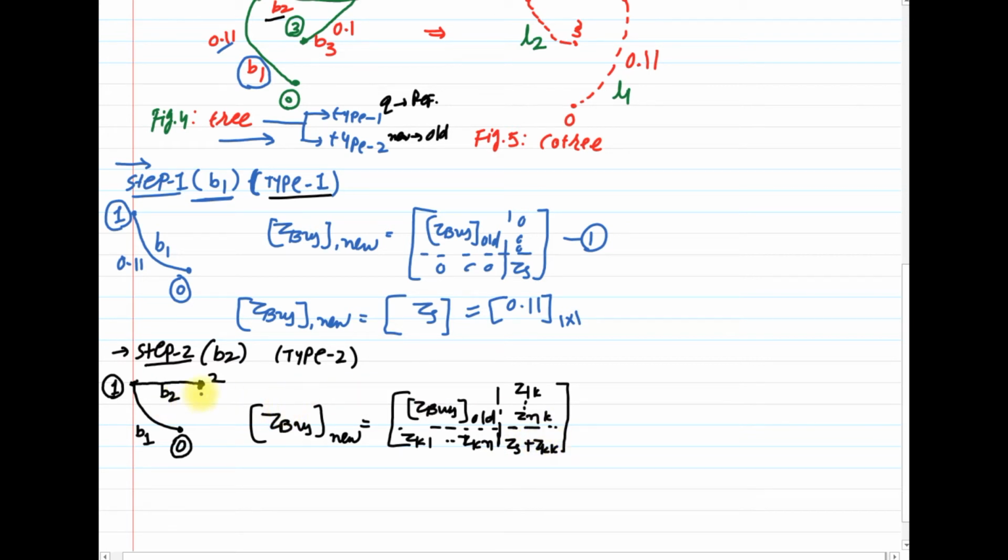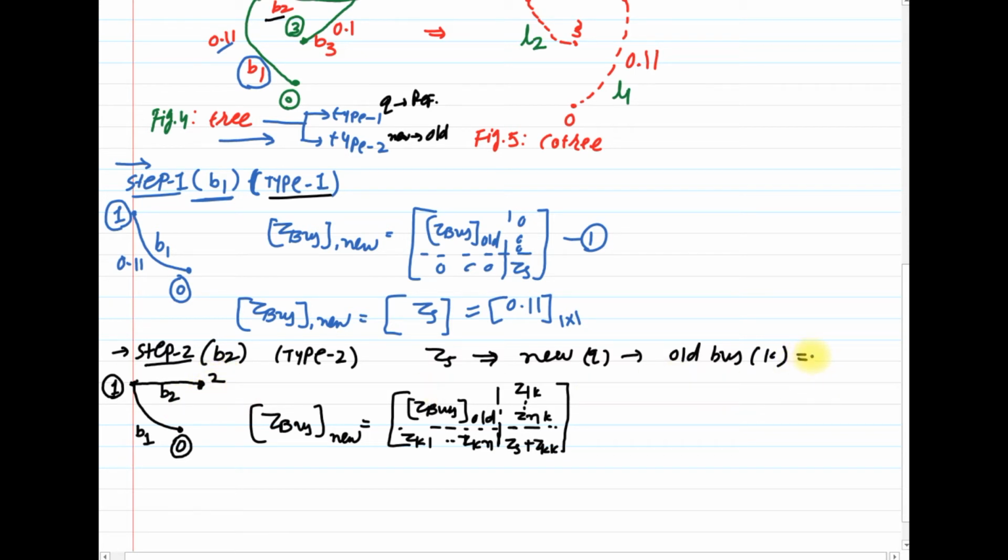Now here, let me again remind you the statement of type 2 modification, which is addition of tree branch Zs from new bus Q to an old bus K. So here the old bus number is 2.